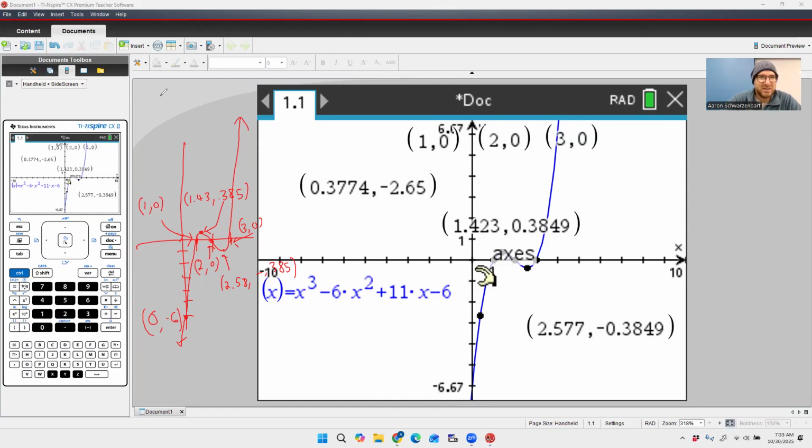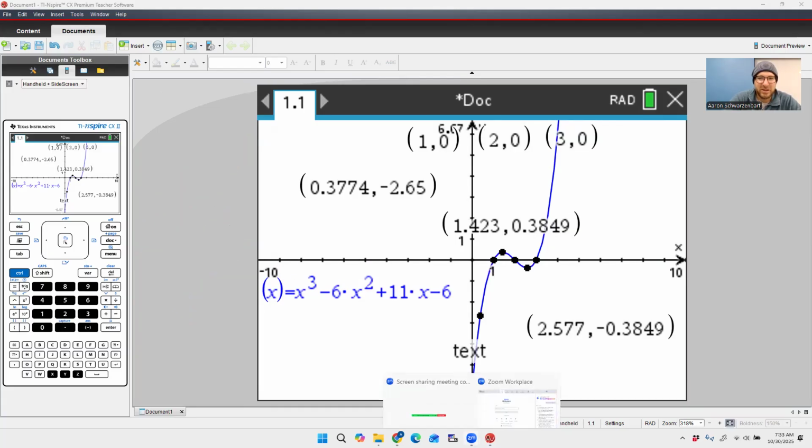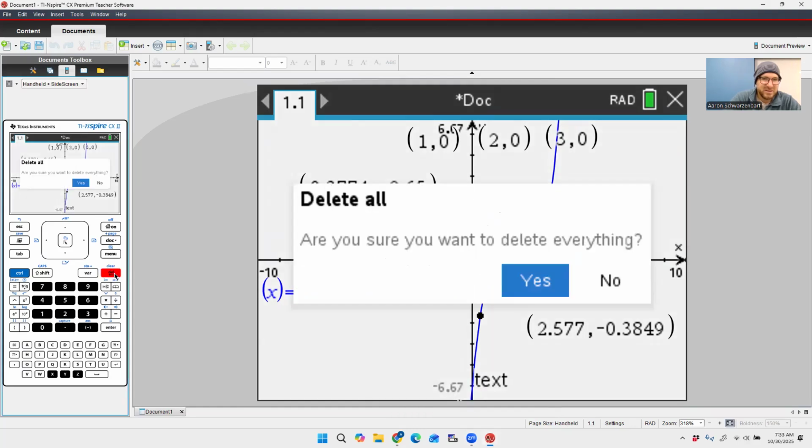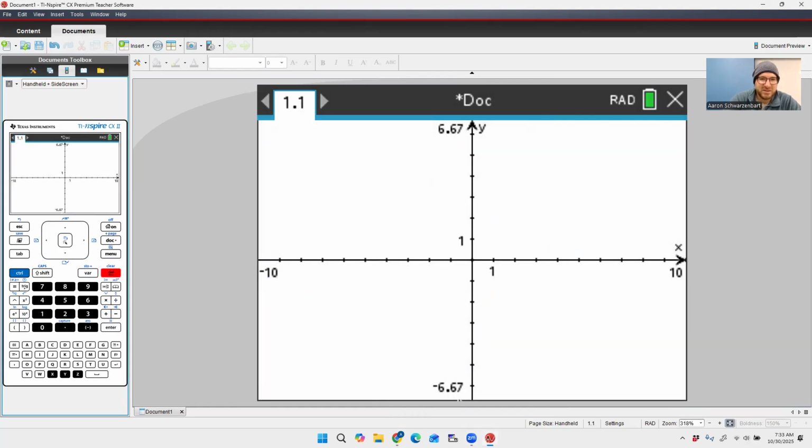Okay, that's a basic graph and the style that IB would like to see it. Unfortunately, they probably won't ask you for one that's that easy. To clear the graph, hit the delete button 3 times and start again.